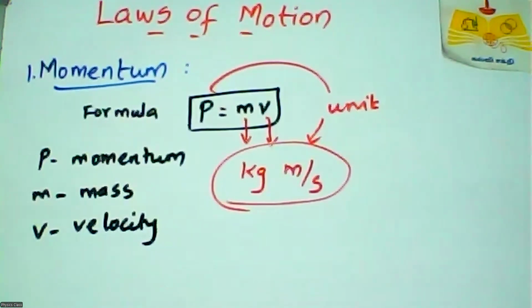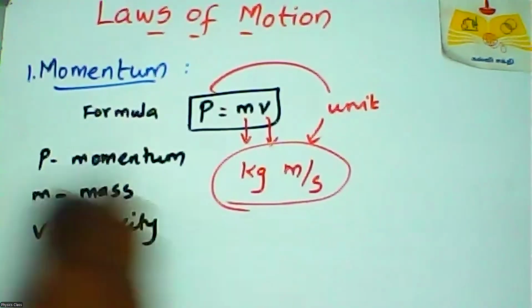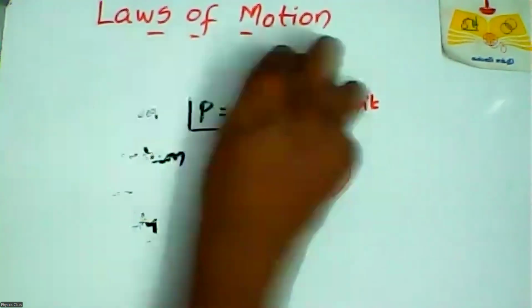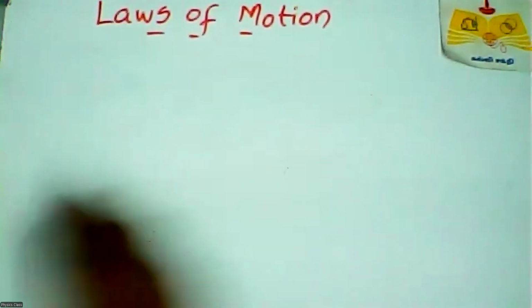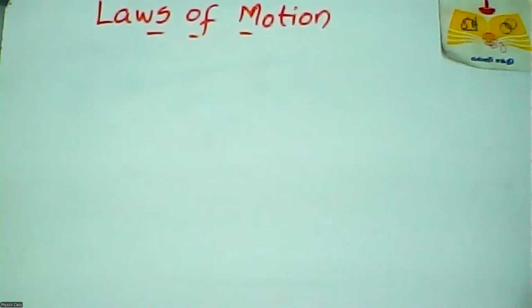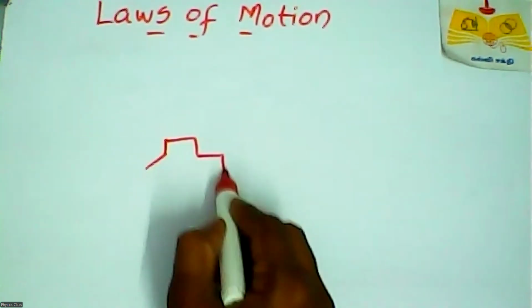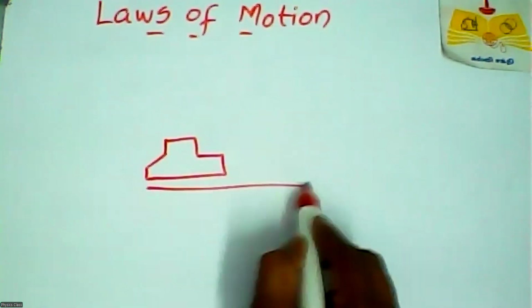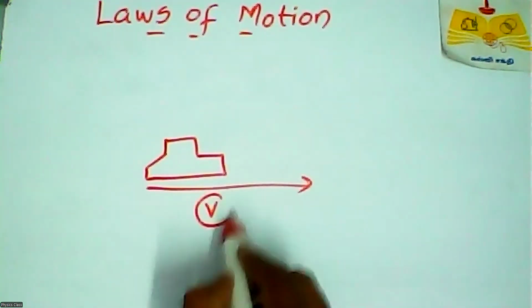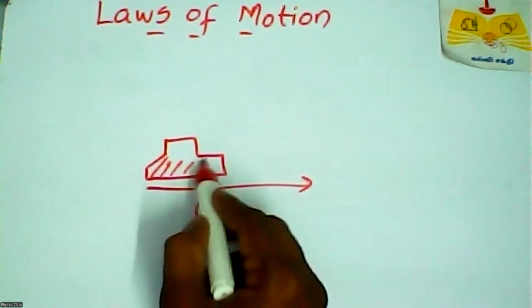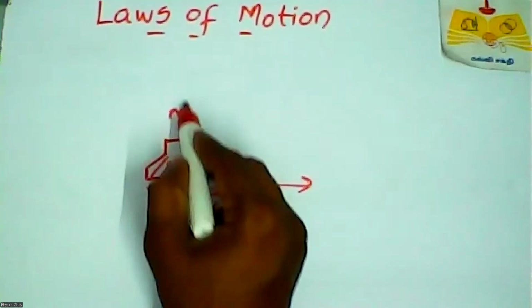Then the next concept, the second concept, impulse. But before that, suppose one vehicle, that is a car, is moving with some velocity. Already it has mass.